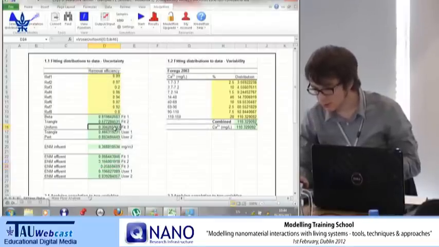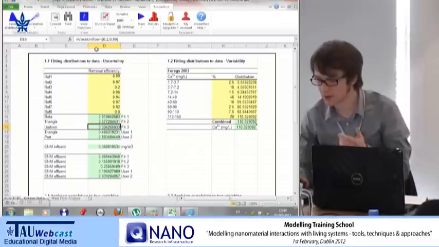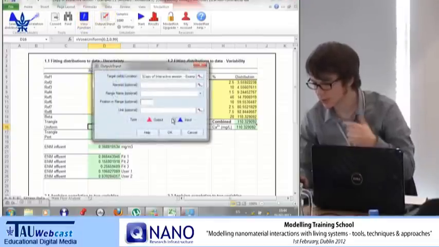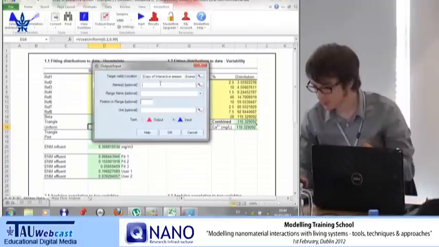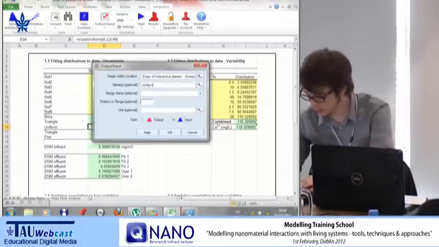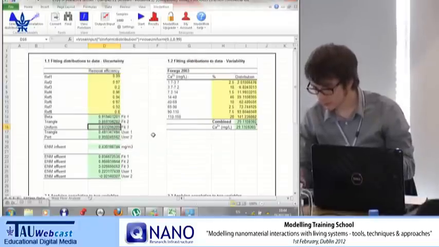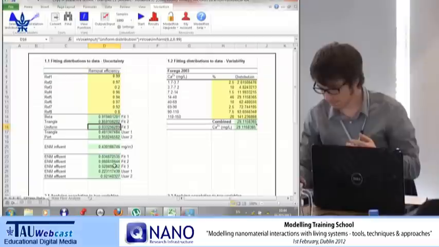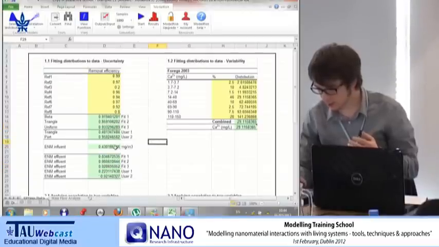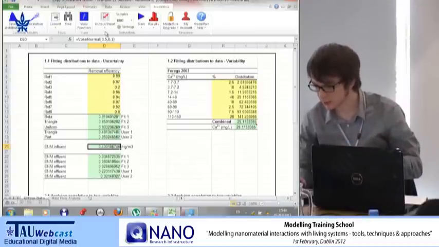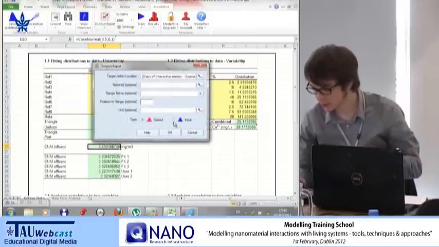We want to look at the distribution we defined earlier, so we put that as an input, since we're interested in the influence of this. We're also interested in the original concentration in the influent, so we put this as an input.